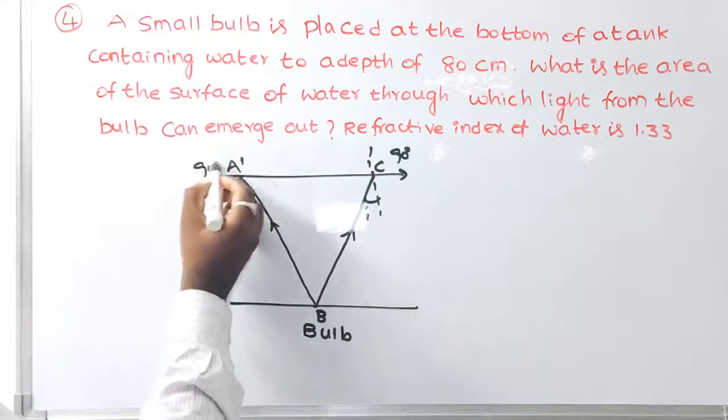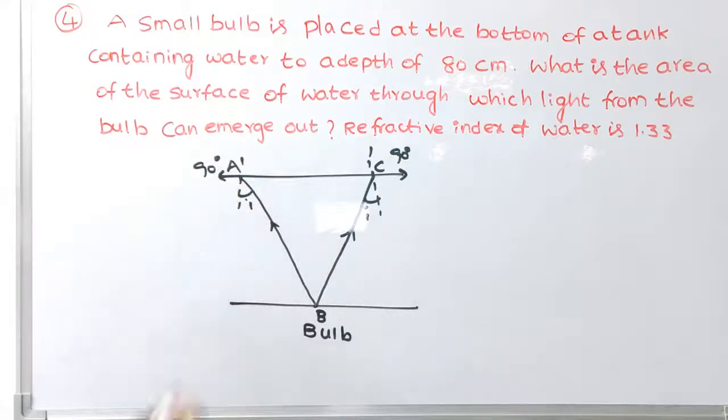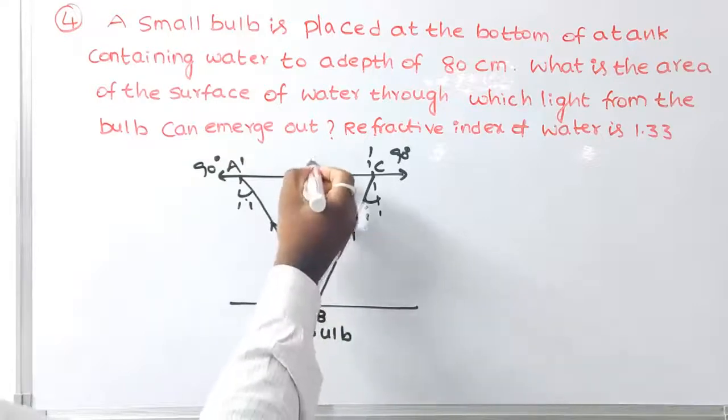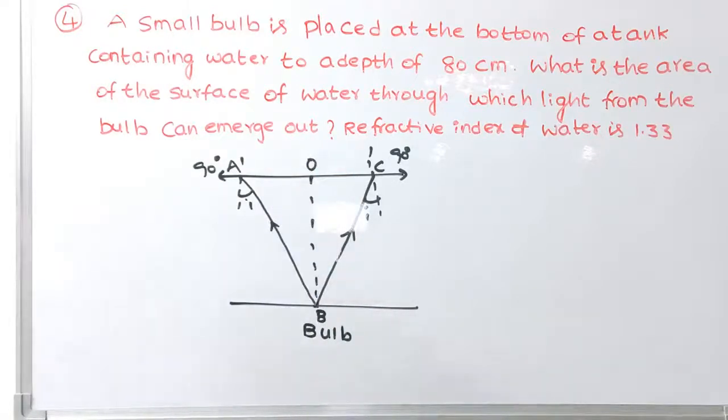Okay, so 90 degree. Okay, one is the normal ray, that is the O.